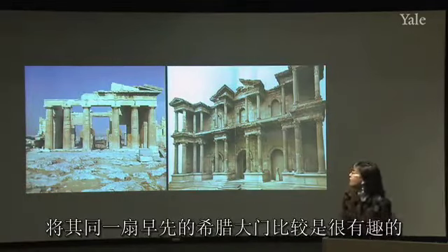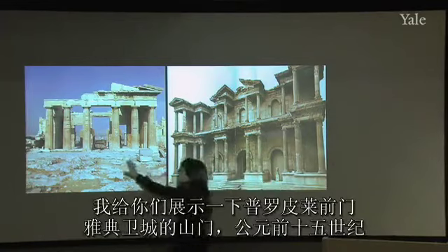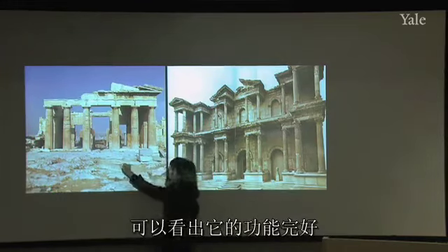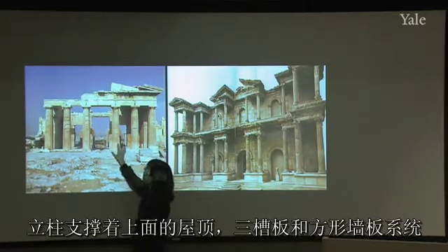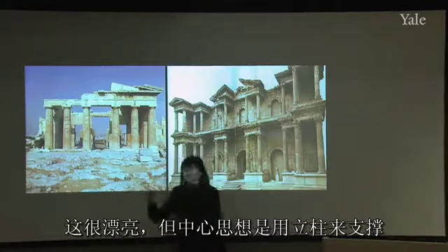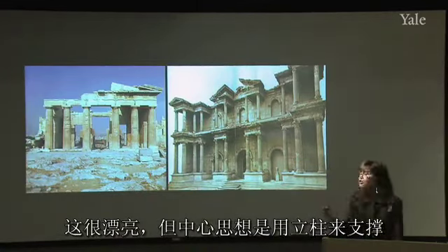It's interesting to compare this to a much earlier gate in Greece. I show you the Propylaea, the gateway to the Athenian Acropolis, 5th century BC, where you can see it's all function. They've used the Doric order here, and the columns support the roof above, triglyphs and metopes. The whole idea, I mean, it's very beautiful, but the whole idea is to use these columns functionally.